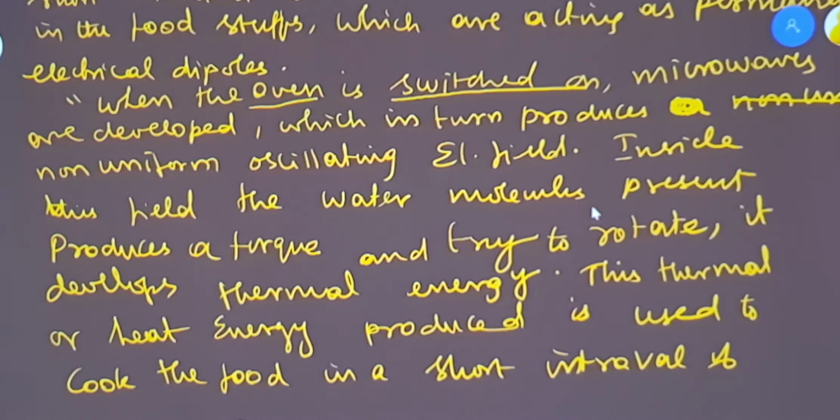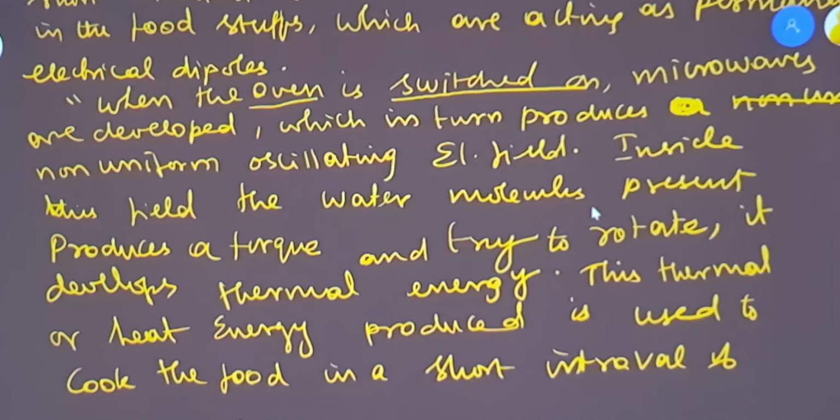Usually we say the water molecules get excited, then they produce a torque because of which they try to rotate. When they try to rotate, the covalent bonds among the water molecules get broken. When the covalent bonds get broken, a large amount of heat energy is developed. That is how you get that thermal energy.